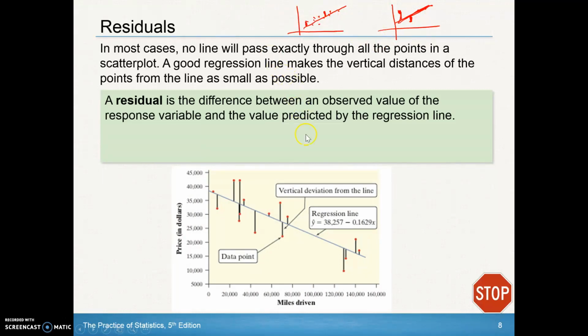Looking at the picture below, we try to fit that blue line, and I keep adjusting it, changing its slope, changing its position, so that all of these distances between the observed value and the predicted value are minimized.